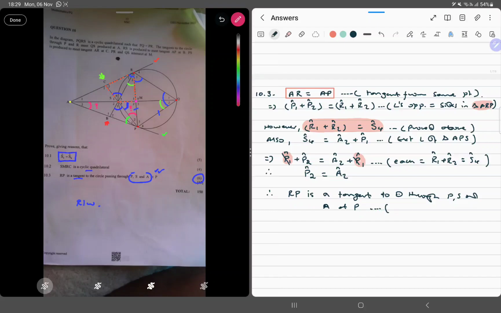We proved the angles to be equal, which would fit the description of a tangent chord. So this becomes the converse of the tangent chord theorem.